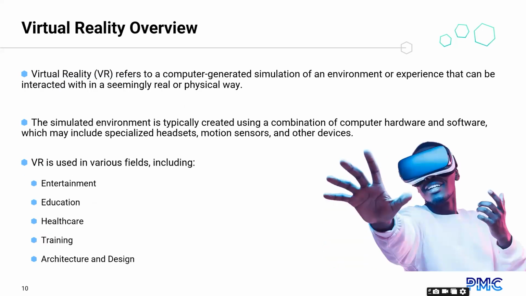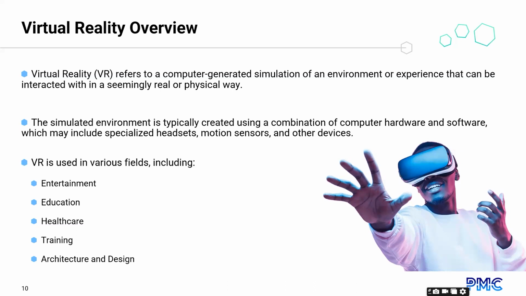And what's virtual reality? So here we have an overview. Virtual reality refers to a computer-generated simulation of an environment or experience that can be interacted with in a seemingly real or physical way. This virtual environment would typically be created by a combination of computing hardware and software.